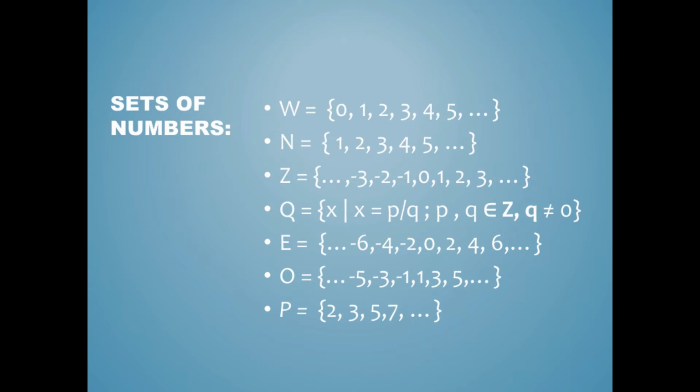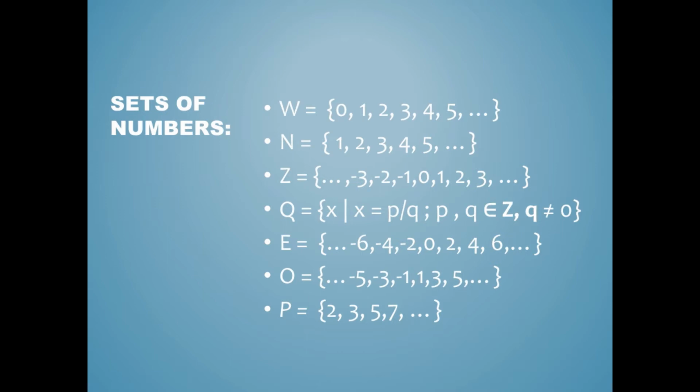That's why we are writing rational numbers in this form. x is a rational number, x equals p upon q. We know that we represent a rational number in the form of p upon q, where p, q belong to integers. This sign represents belongs to. Integers means Z. We represent integers with the alphabet Z. q is not equal to 0 in rational numbers.